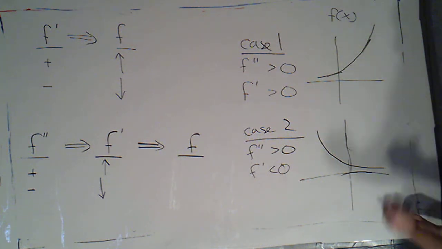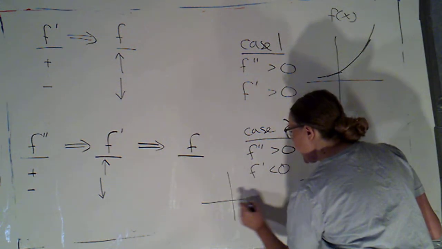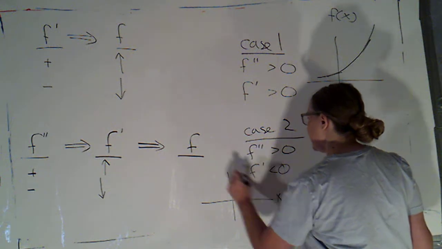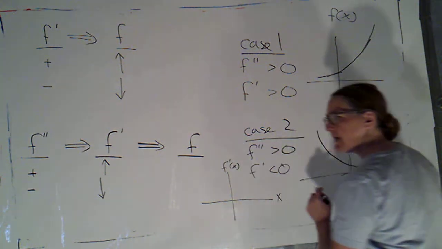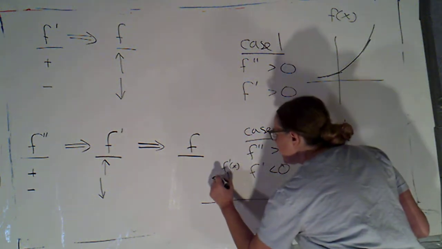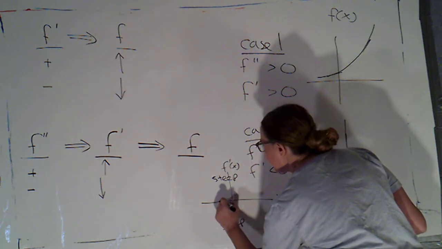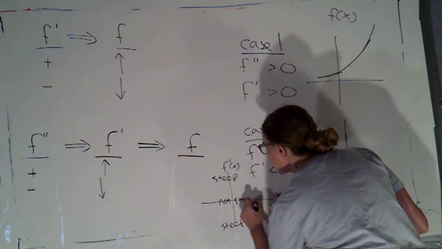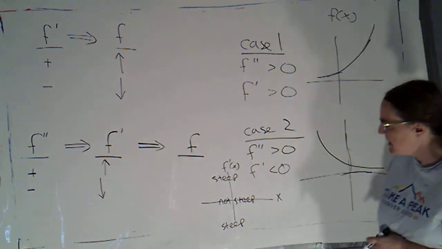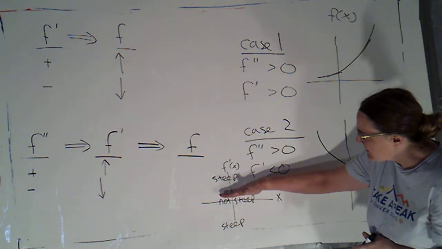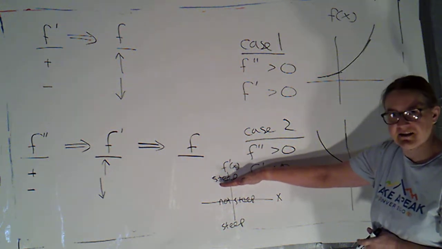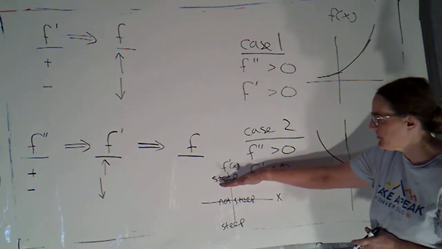If we think way back to when we were graphing f prime of x and talking about what that told us about the shape of f, remember how we had two steep zones? If f prime was positive and increasing, we're moving towards the steep zone, so f would be getting steeper.